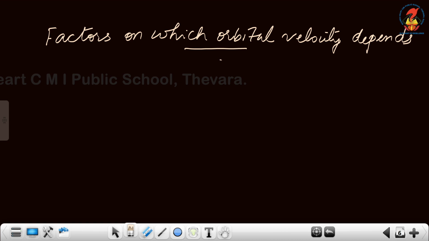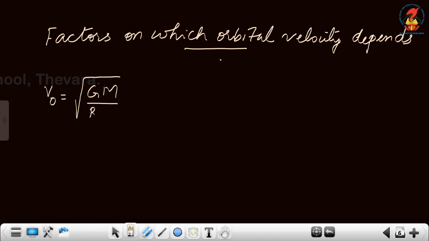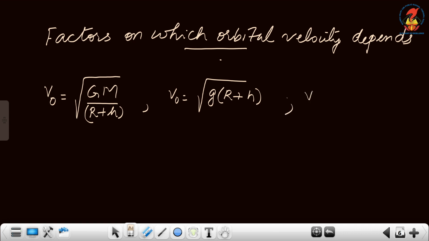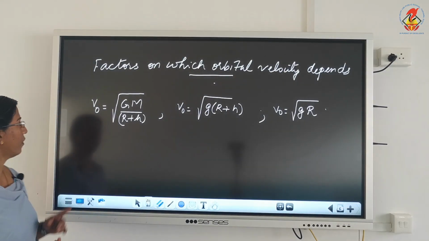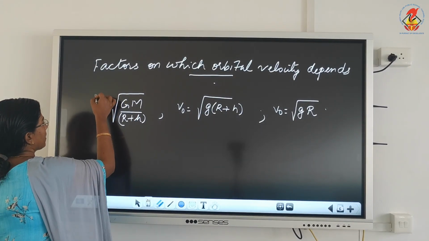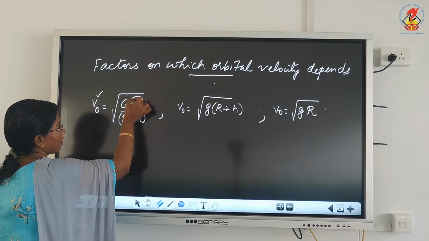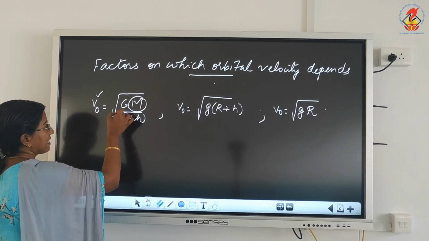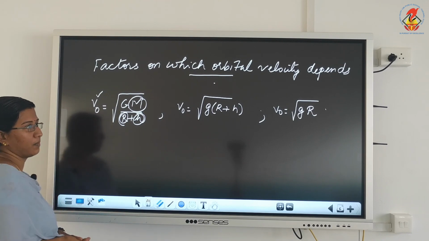Now, what is the expression for orbital velocity? v is equal to root of G M divided by r plus h, or v0 is equal to root of g into r plus h, or, if we are approximating, v0 is equal to root of g into r. These are the three equations which we use to find the orbital velocity depending upon the conditions. Now if you look into the first equation, we can see that orbital velocity depends on the mass of the Earth and also the radius and distance of the satellite from the surface of the Earth.